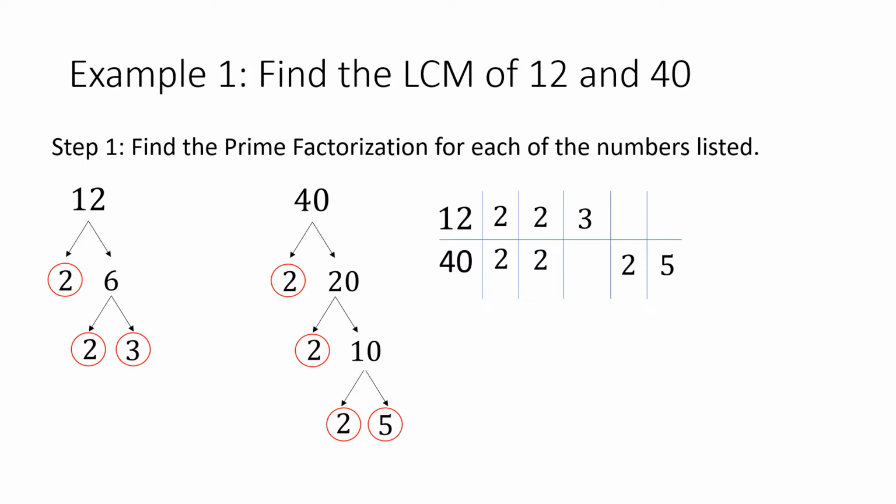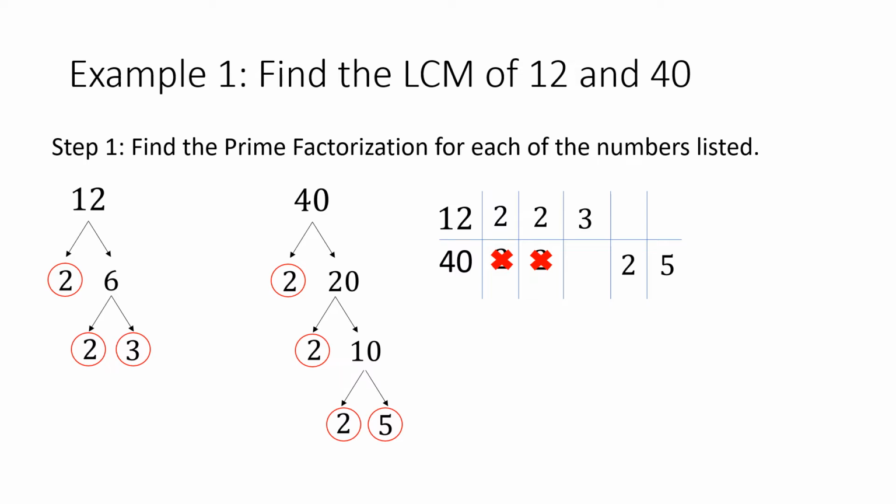After all the prime numbers are listed in my rows and columns, you're going to cross out the repeats. And so the repeats are all the numbers below another prime number in a column. So here I'm going to cross out both of my 2's since they are already represented in the top row.